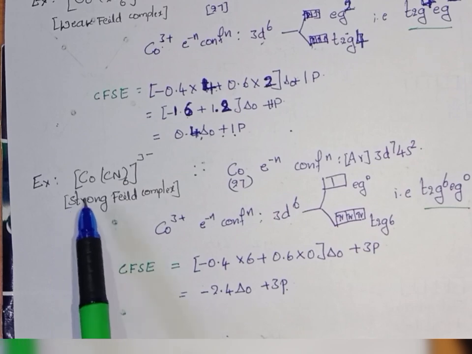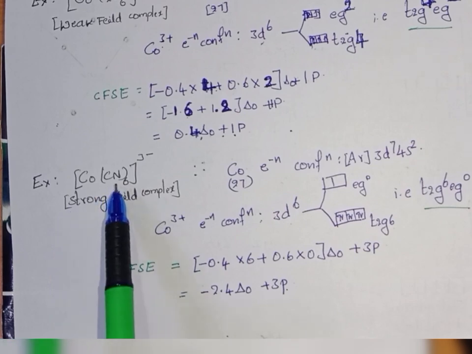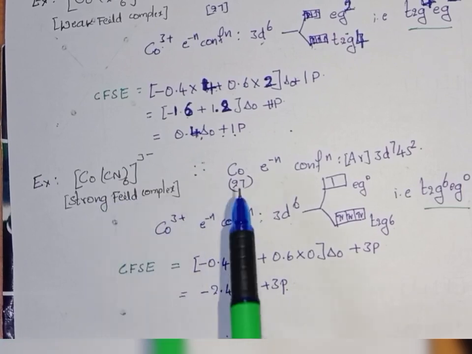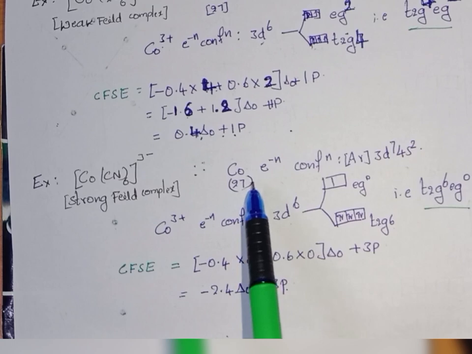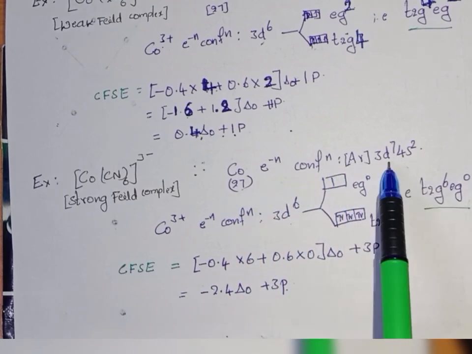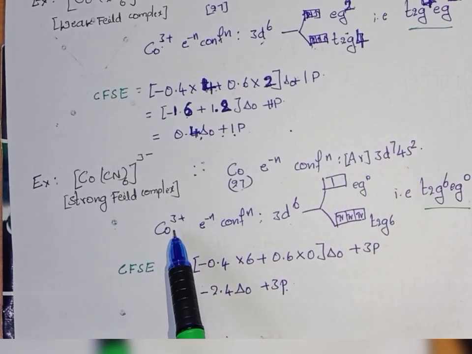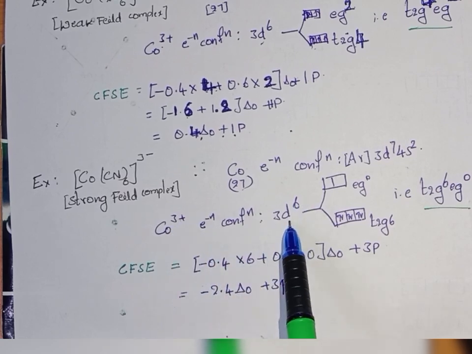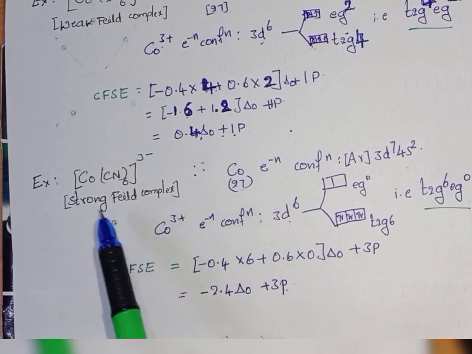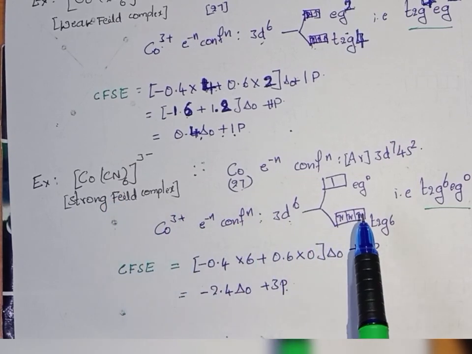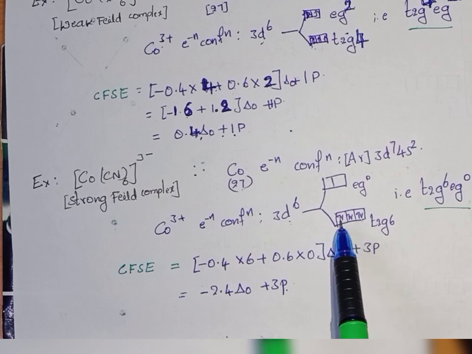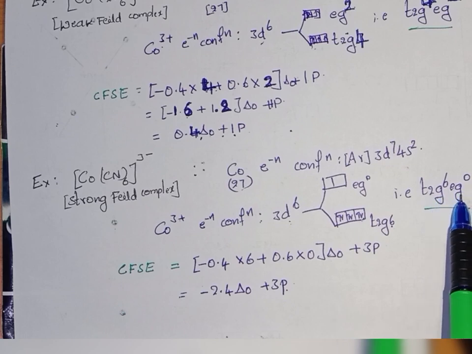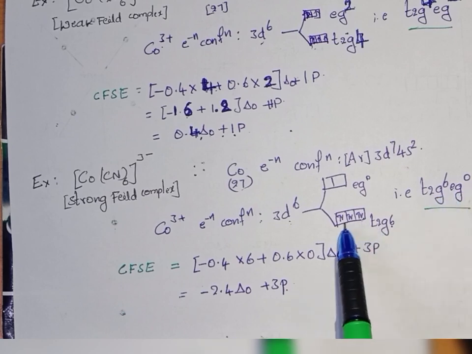If we take another example, hexacyanocobaltate(III), that is a strong field complex. Cobalt with atomic number 27 and electron configuration 3d7 4s2 is in the +3 oxidation state with a d6 system. As cyanide is a strong field ligand, all the pairing of electrons will take place here. Therefore, the electron configuration is t2g6 eg0, with 3 electron pairs.